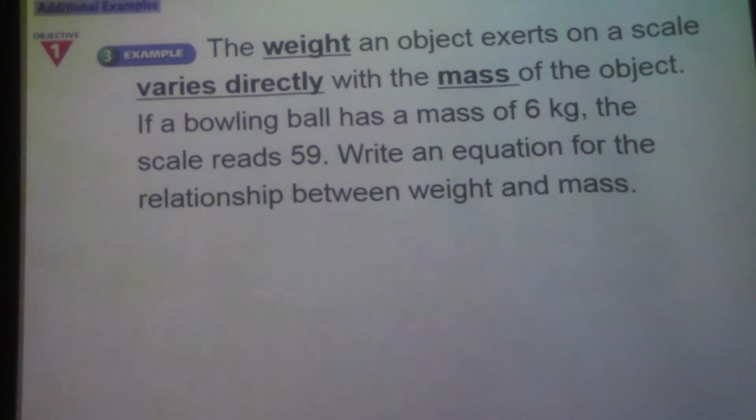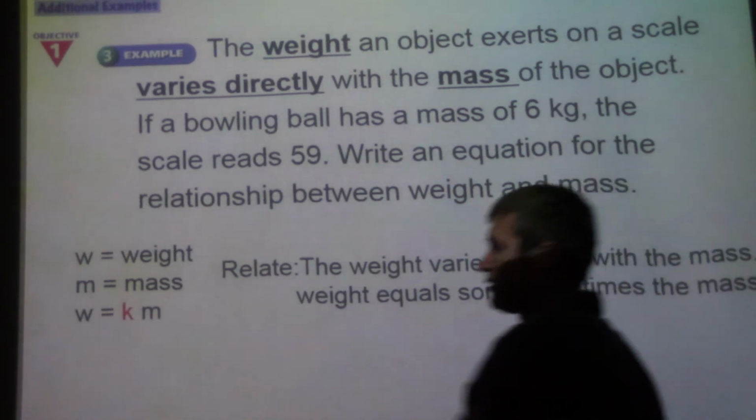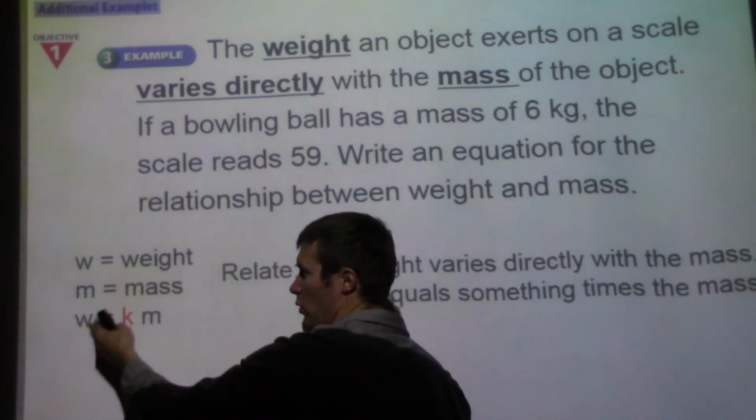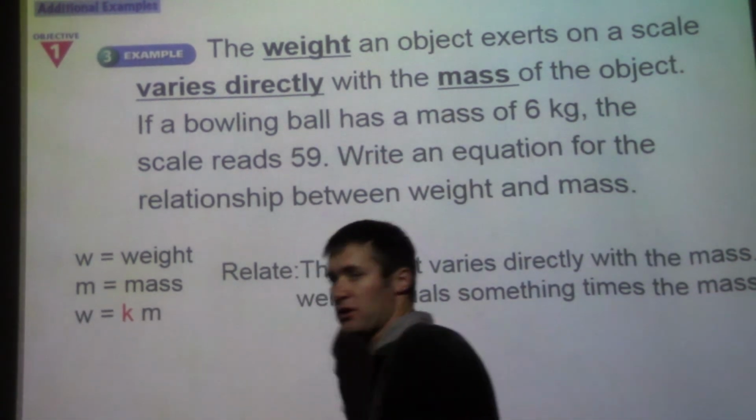When we look at direct variation, we think y equals k times x. Instead of y, we're going to use the weight and the mass. The weight varies directly with the mass, so this would be our equation.